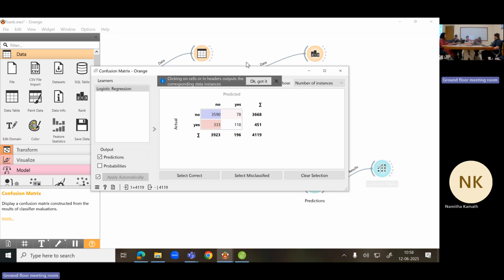Because if your false positive is critical, that means you need to reduce the false positives. If false positive is reduced, precision improves. So a model with a higher precision will have lesser false positives.